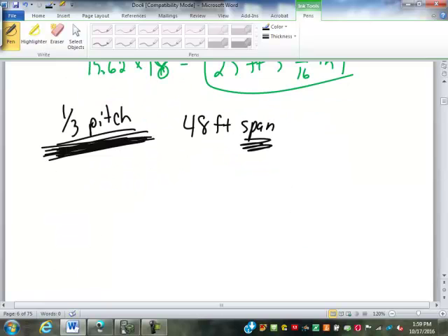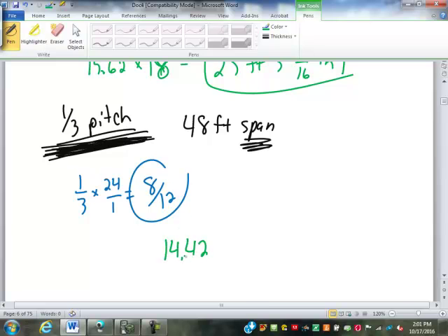Find the length of the common. So what's the first thing we got to do here? Okay, so you take 1/3 times 24 gives you 8, so it's an 8/12 slope, right? So it's an 8/12 slope we look up. Okay, and we're going to take 14.42 times 24. There you go.